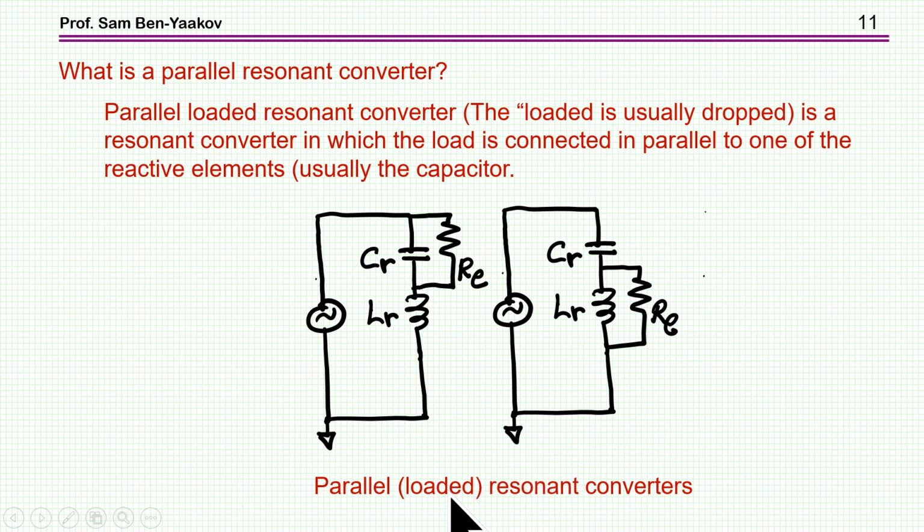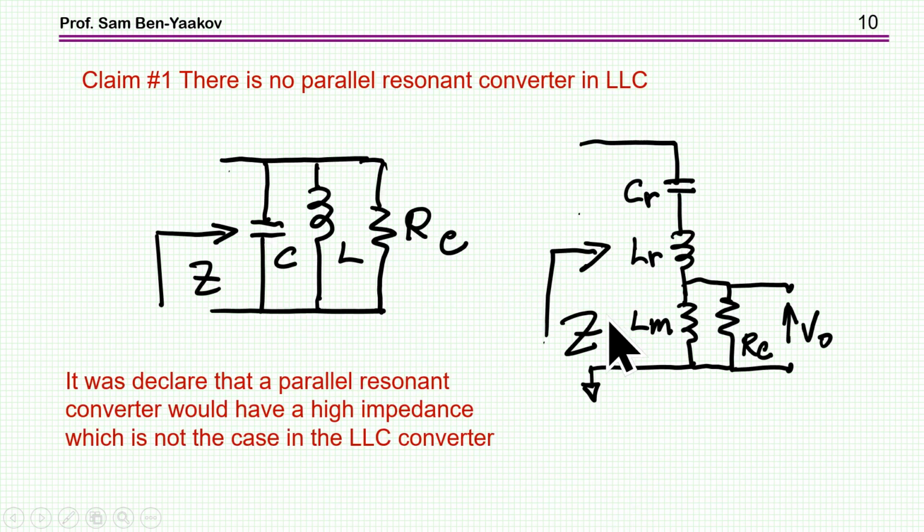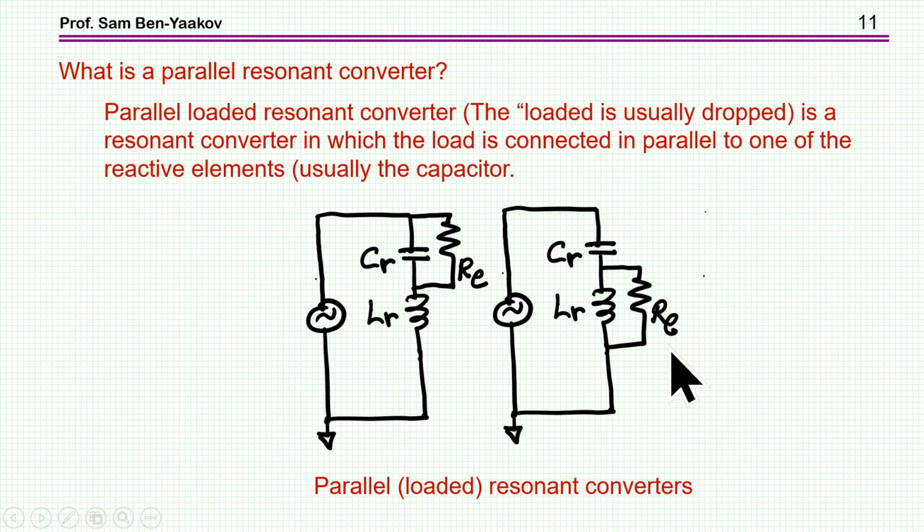The actual correct name would be parallel loaded resonant converter, but this "loaded" is normally dropped, and when we say parallel resonant converter today, we mean these. This is what we mean, not this. This is what we mean.